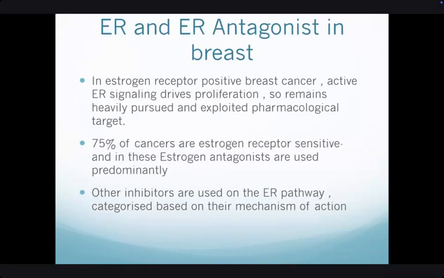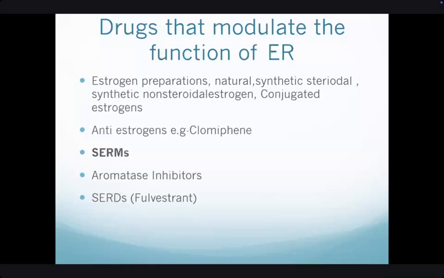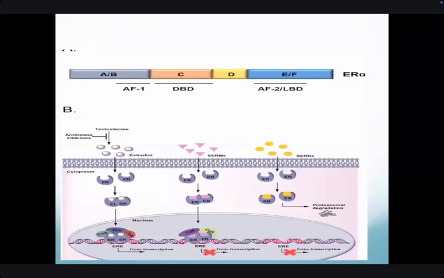So, for example, in estrogen receptor positive, again, we have the diagram. In the same diagram, now we are bringing back these red crosses to explain what happens if we use these drugs, the aromatase inhibitors, the SERMs and the SERDs.